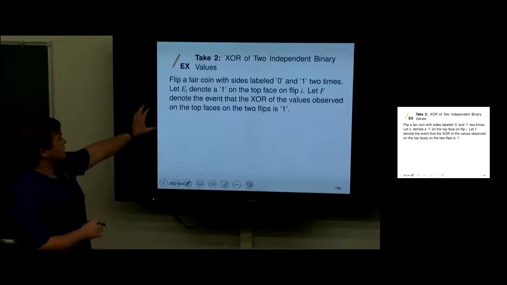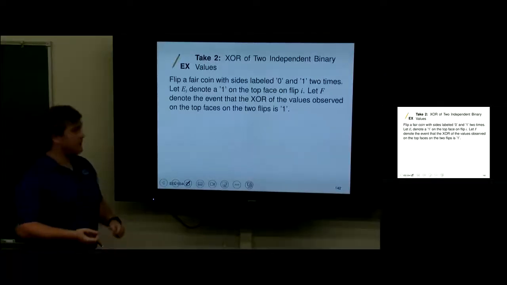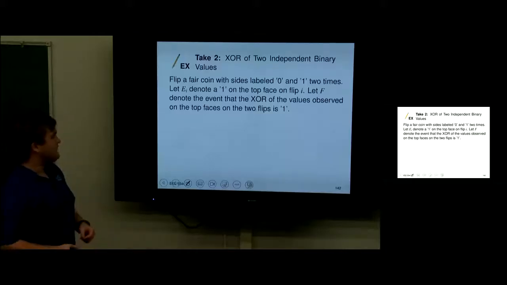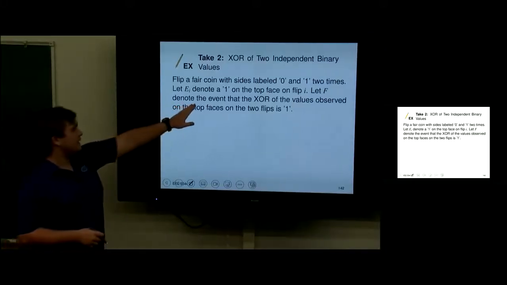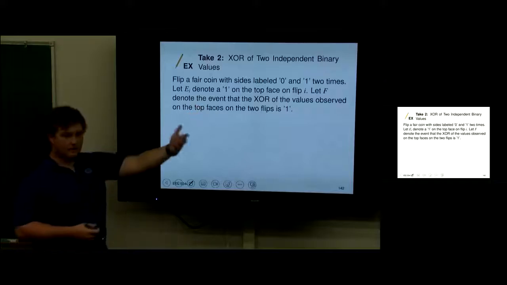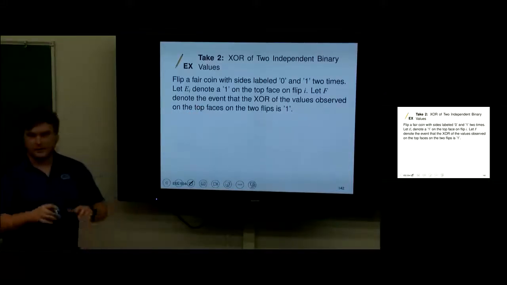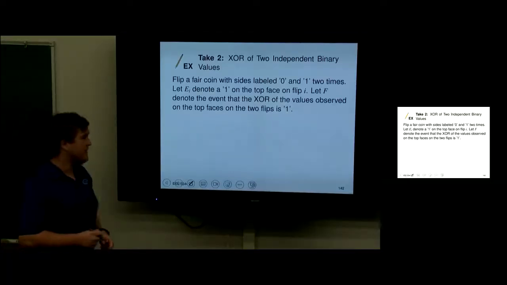To reread the problem statement, we're going to flip a fair coin that's labeled 0 on one side, 1 on the other. We're going to flip it twice. We're going to let Ei be the event that we get a 1 on the top face, and F is our XOR function. If you don't know what that is, an XOR is 1 when both inputs are different, and an XOR is 0 when both inputs are the same.